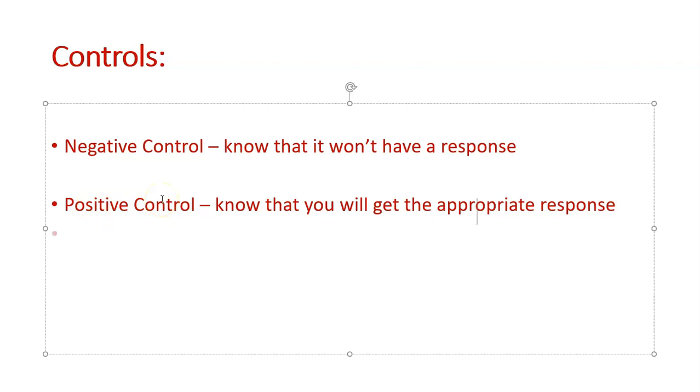Then you could have your experimental groups. Your experimental groups are anything unknown, anything where you don't know what the result will be. In your pre-lab for today, it asks you to think about how you might test different soda samples and see whether they are made with real sugar or with fake sugar.